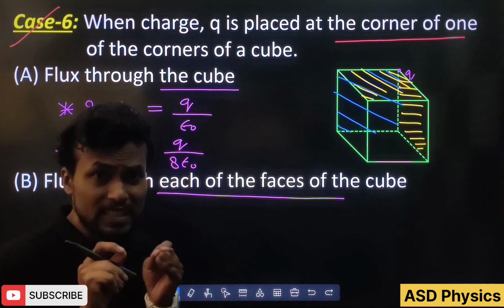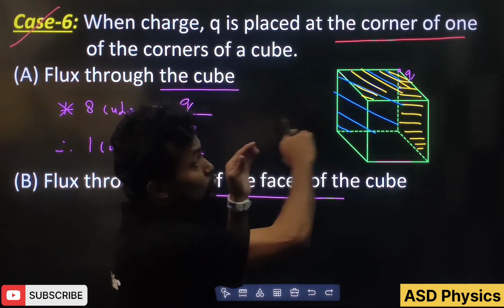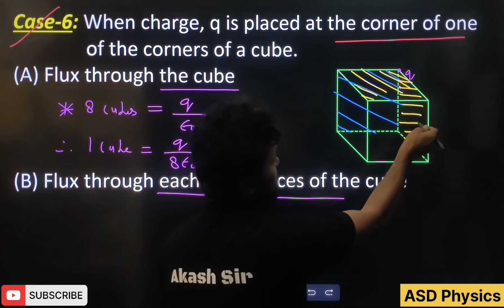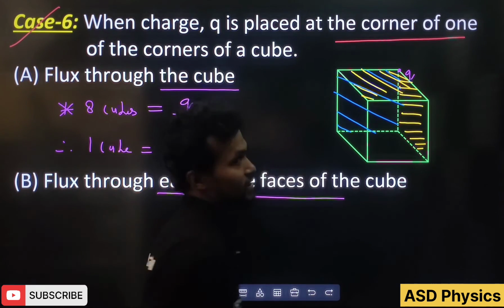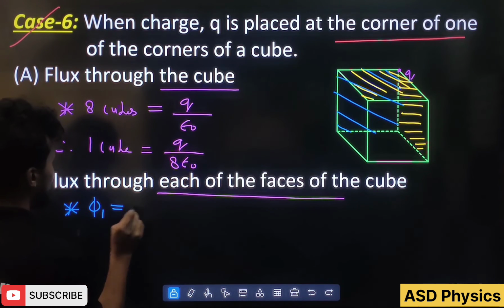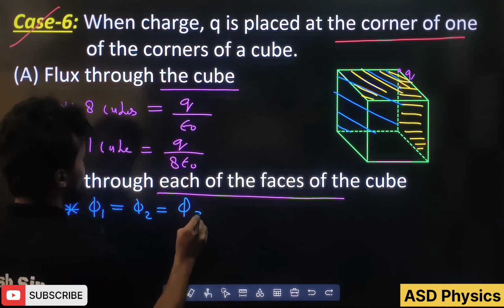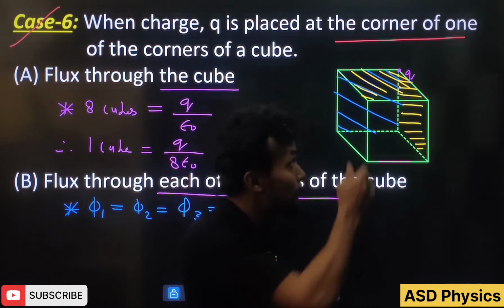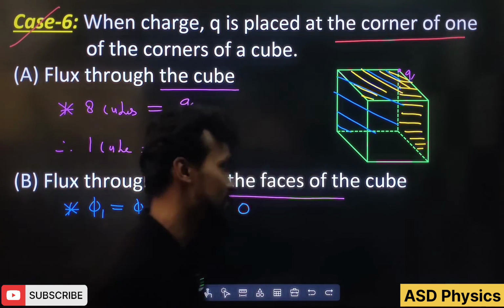So electric field lines will be parallel to these 3 surfaces. That means through these 3 surfaces, this yellow, this upward yellow, and one backside yellow, I'm giving the names phi 1, phi 2, phi 3. Flux will be how much here? 0, because electric field lines will be parallel to the surface, they will not cut the surface.